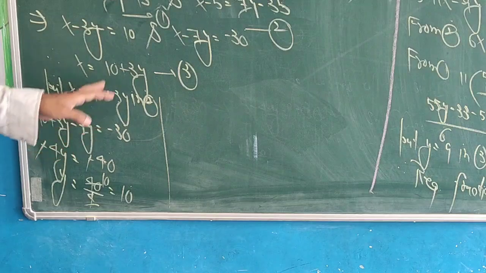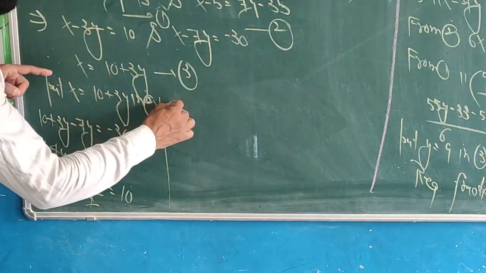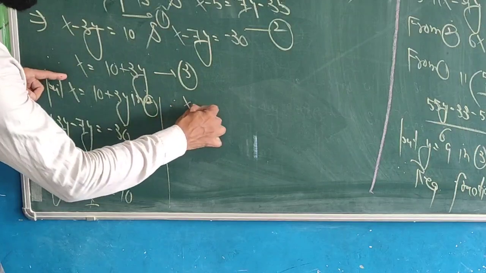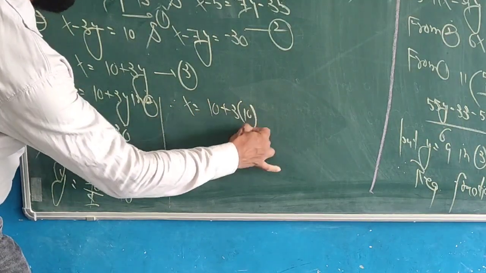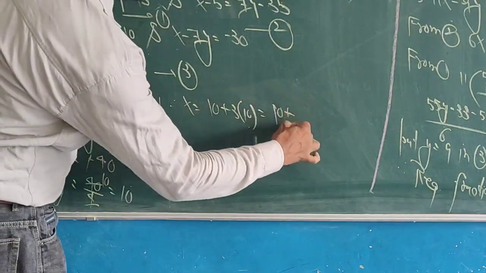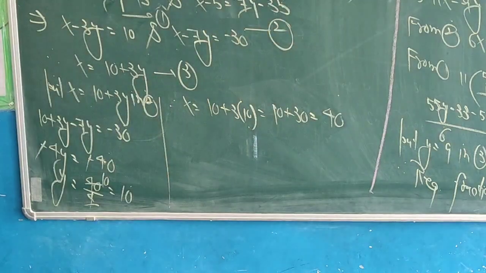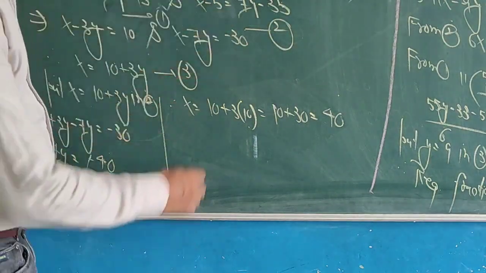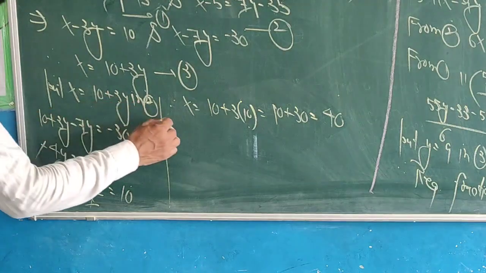Now put y equal to 10 in any of these three equations. Therefore we put it in the third. Therefore x equal to 10 plus 3y, and this is equal to 10 plus 30, which equals 40. Therefore the present age of Jacob is 40 years and the present age of his son is 10 years.